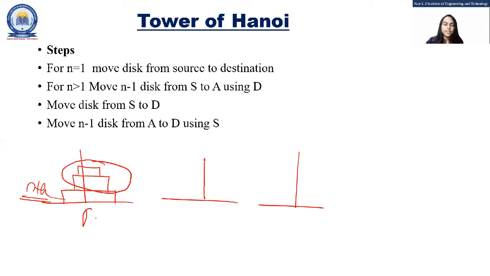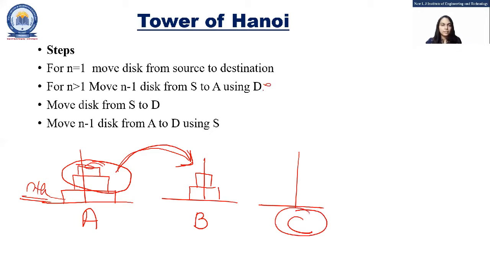Otherwise, if the source stack has three different disks, we have to shift all the remaining, that is n-1, from source to some middle auxiliary tower. Okay, so we are shifting this to some auxiliary intermediate. If this is B, we can shift it to B using C, right? So C is our destination.